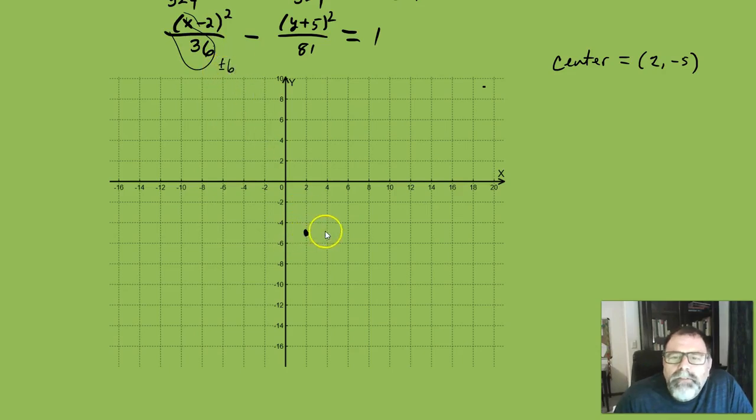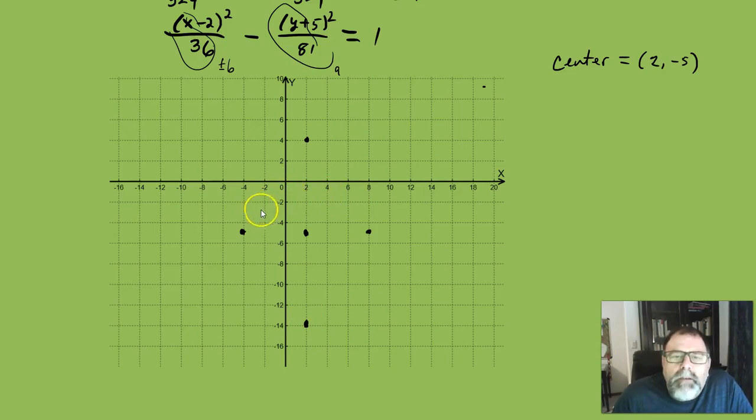In the x direction, so 2, 4, 6. Under the y, square root of that is 9. So I'm going to go 2, 4, 6, 8, 9. And then down 9. So 1, 3, 5, 7, 9. Or, -5 plus -9 is -14. You think of it that way.